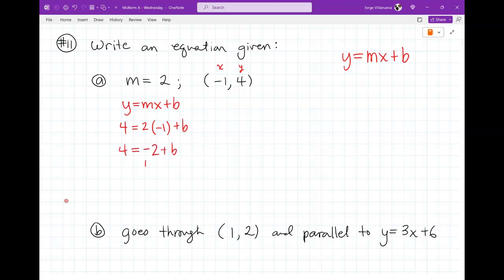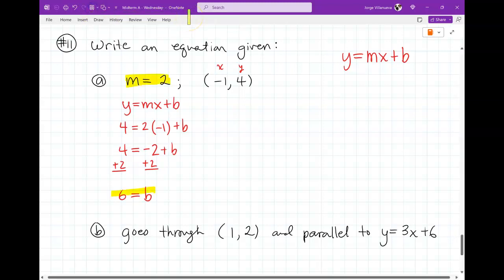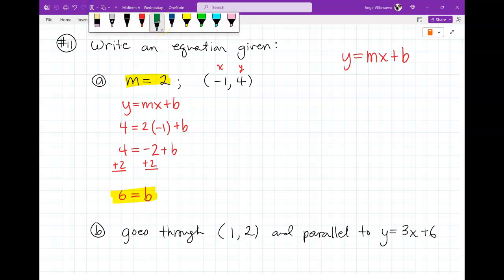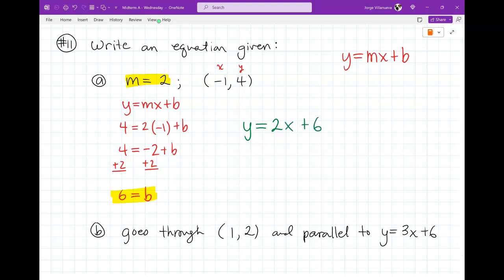If you add 2 to both sides, b is equal to 6. Now I know what m is, and I know what b is. So all I have to do is write it into my equation y equals mx plus b. So y equals m, which is 2x, plus 6. And this is your answer.